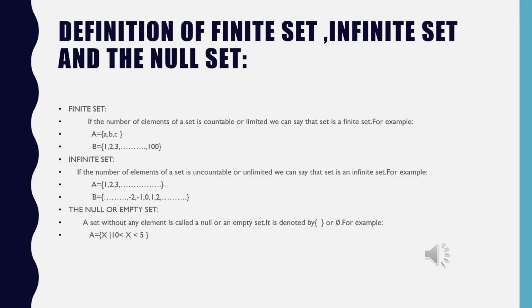Since no number exists that is greater than 10 and less than 5, it means this set A does not consist of any element, so we will call it a null set or empty set, and I will write it like set A is equal to, inside the curly bracket, empty. And this is all about the null set.